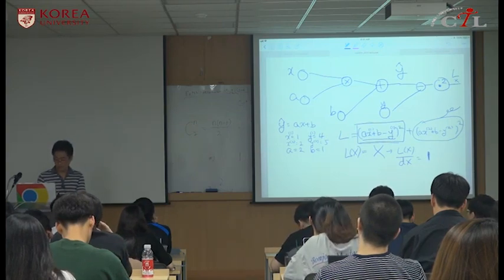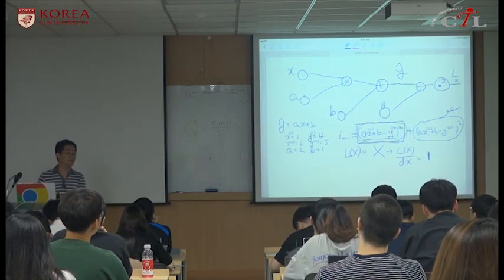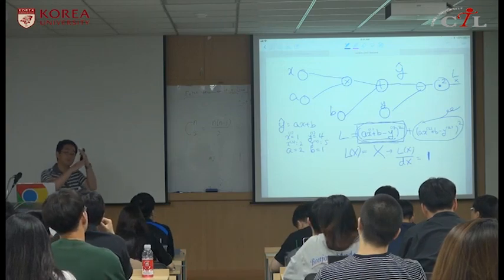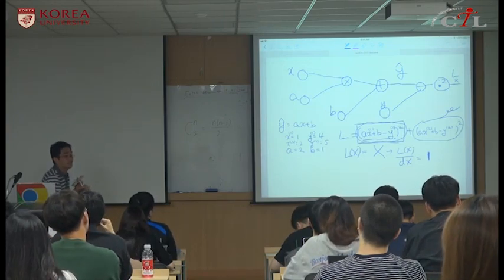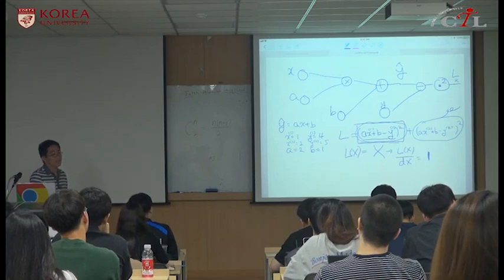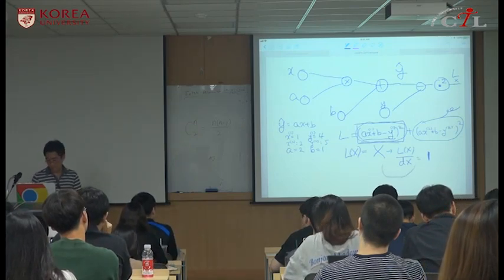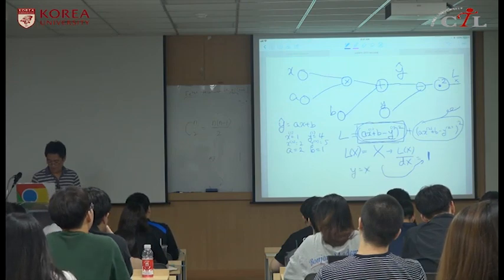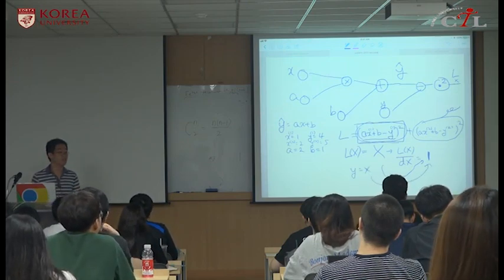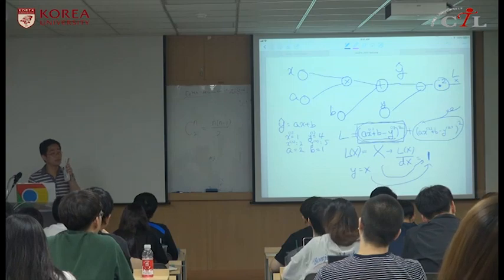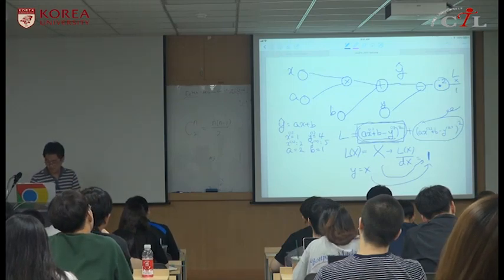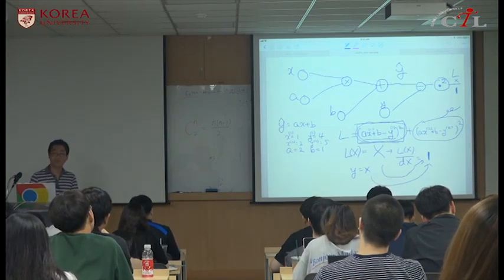Because whatever function we have, if we just treat it as a big X and compute the gradient, it will always produce 1, because y equals x and its gradient will always be 1. So the gradient value will start from here as 1.